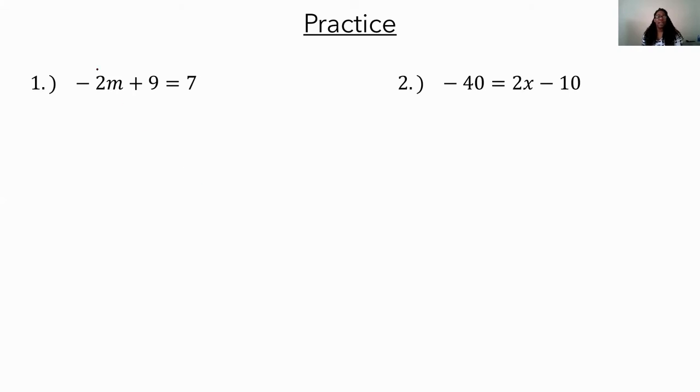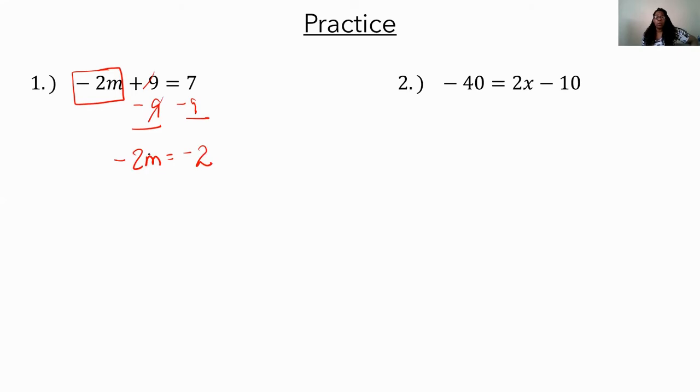So we have -2m. They're together. So they're going to stay together. That's you and your boo. Plus 9 is that extra person that's trying to break up the relationship. So we need to get rid of them. So in order to do that, we're going to subtract 9. So now we got -2m is equal to -2.